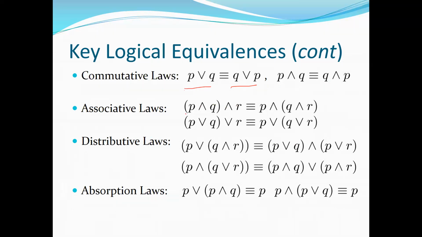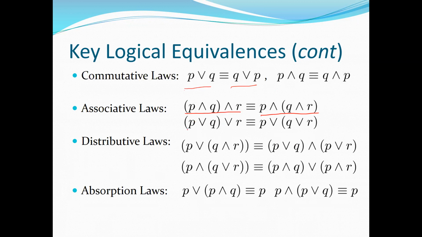Associative law. The associative law says if you have something like this, P and Q in brackets. Remember, in the last class I also explained the precedence of the operators. So in this case, first of all, you will solve the bracket P and Q. Whatever the result is, that will be ANDed with R. So the associative law says if you do this or this, the result will be the same. It means if you take Q and R first and then take it with P, it doesn't matter, they are logically equivalent.